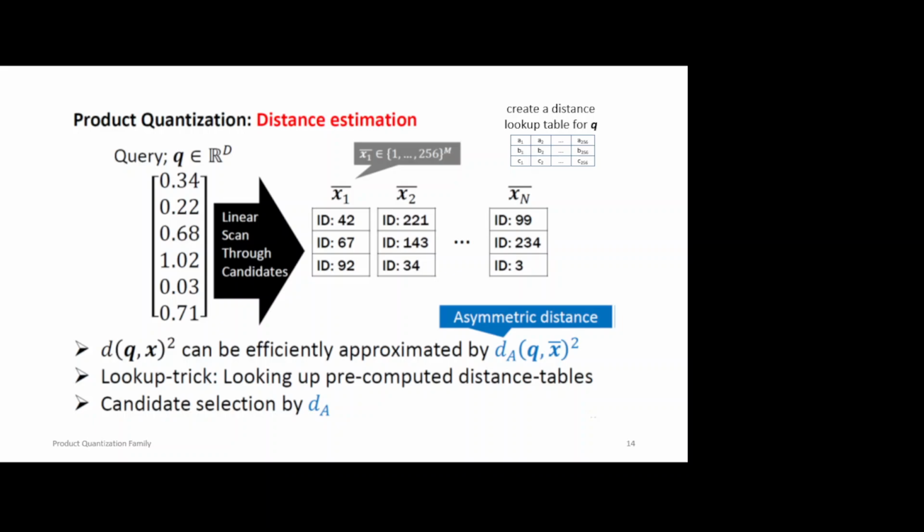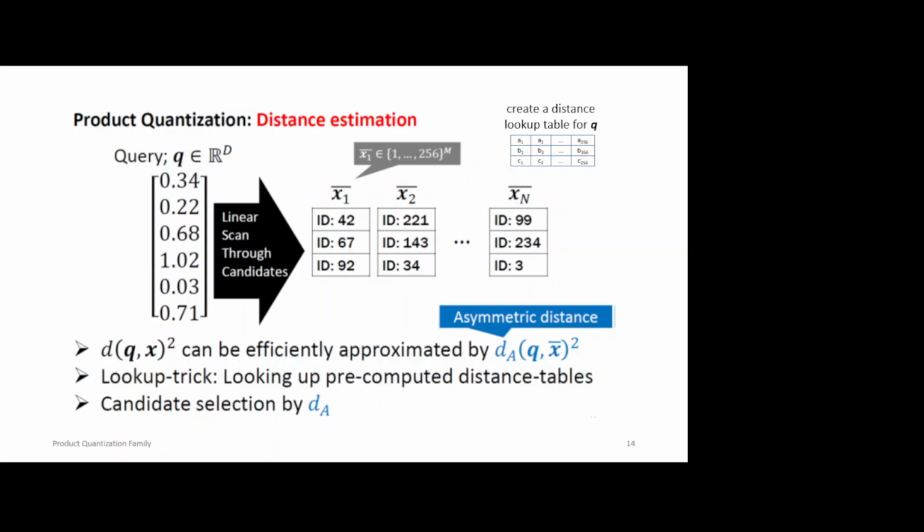It's called asymmetric because your query is the original vector, but your database vector is quantized. You can think they are in different spaces, but we can reconstruct it. Remember, we can reconstruct the vector from the centroid IDs by using the centroid vectors.